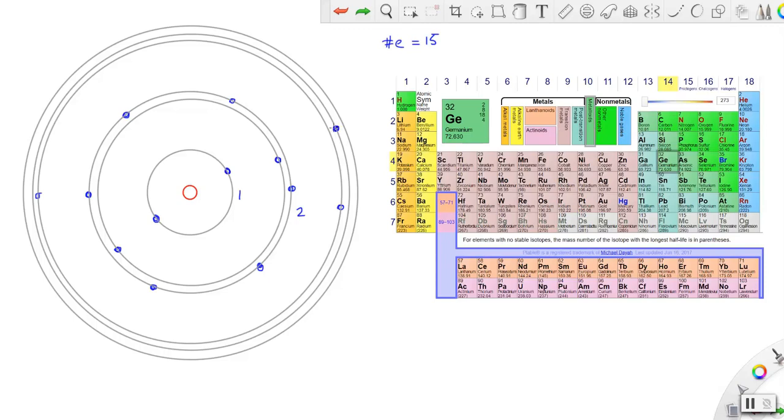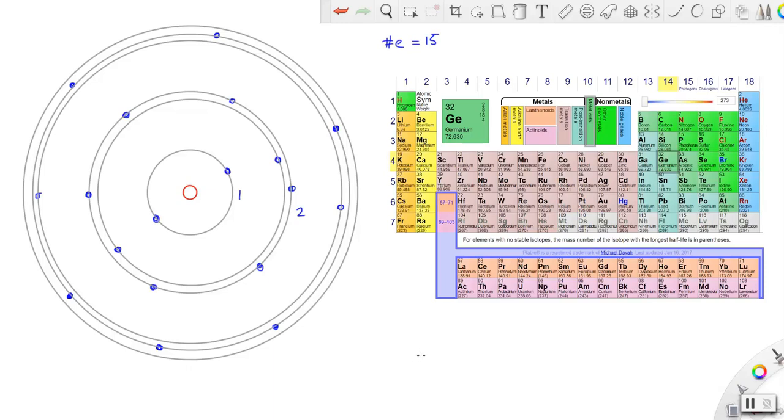So we have one for aluminum, and then if we go to silicon, we have another one in the p subshell, and then phosphorus, we get another one in the p subshell, and then sulfur, another one, chlorine, another one, and then one more, argon. Now we have not filled up the entire n equals 3 level, but we have filled up the p shell, and generally that's what makes the atoms happy, is filling up the p shell.